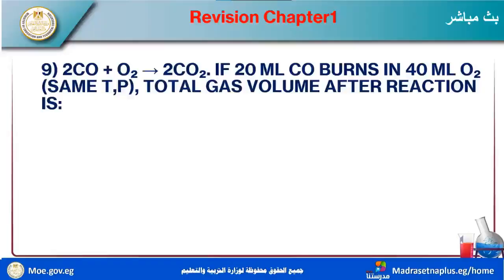In this question: 2CO plus O2 produces 2CO2. If 20 mL of carbon monoxide burns in 40 mL of oxygen at the same temperature and pressure, it asks for the total gas volume after reaction.